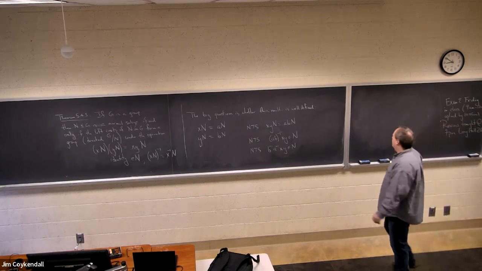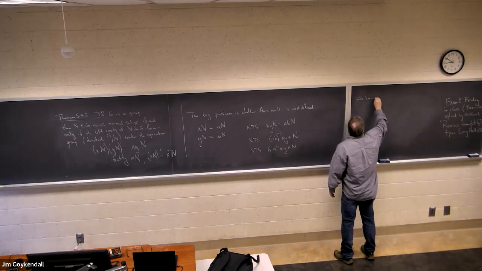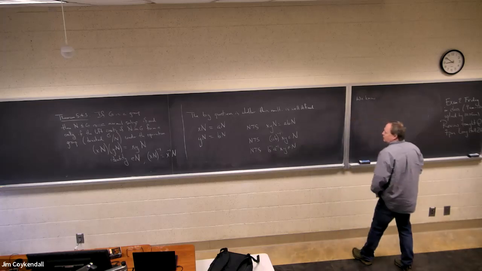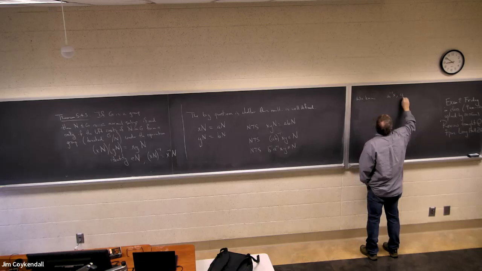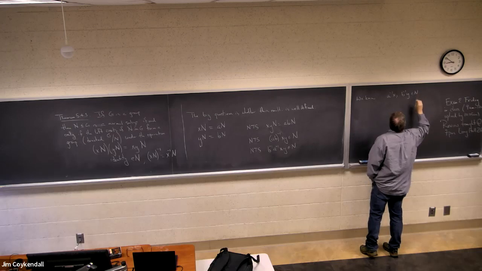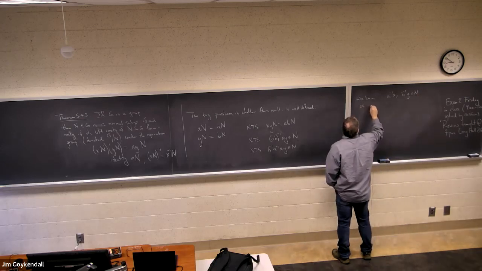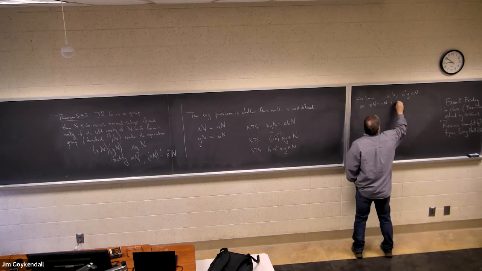Now let me point out that we know A inverse X and B inverse Y are in N, as Xn, An, Yn.